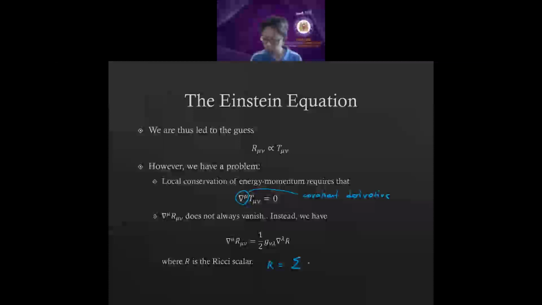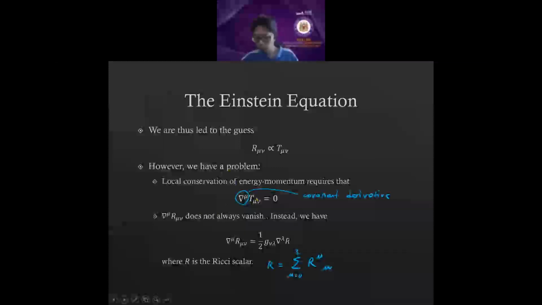This is the summation of R^μ_μ. So there's quite a number of things that we have not looked at properly in order to derive the Einstein equation, but I'm just going to mention it.